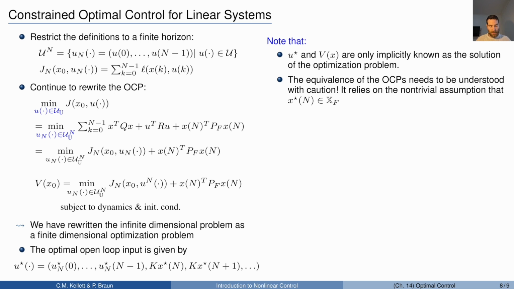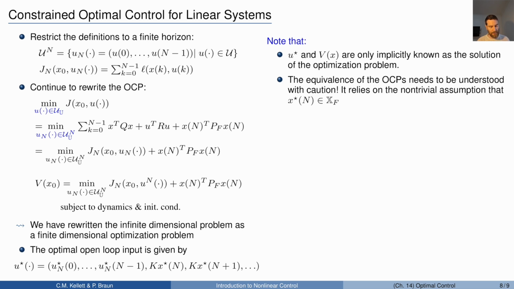What we need to keep in mind here is that u star and v star are only implicitly known as the solution of this optimization problem, and also the equivalence of this optimization problem and the optimization problem here, where again this optimizes u_0 to u_infinity, and this optimizes u_0 to u_{N-1}.